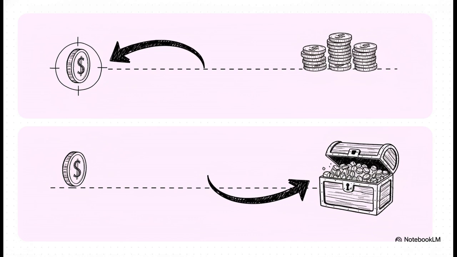Conversely, future worth, or F, is pushing present money forward to see its equivalent value at a specific reference point in the future. Depending on the exact decision you're trying to make, you'll use our translator variables to convert all of your mapped cash flows into either a single P value today or a single F value tomorrow.